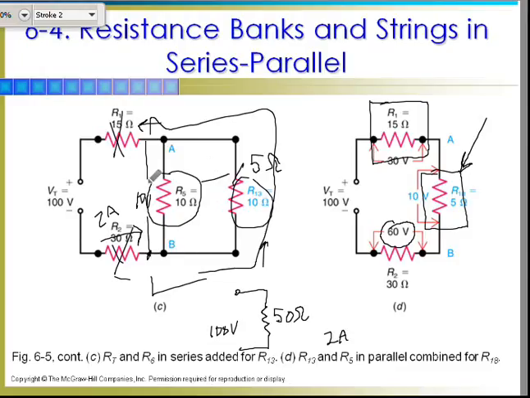And I know that I've got 2 amps going into and coming out of points B and A. So if I've got 2 amps and identical resistors, well then I'm going to have 1 amp on this side. I'm going to have 1 amp on this side. Not to mention the fact that 10 volts over 10 ohms confirms I'll have 1 amp.